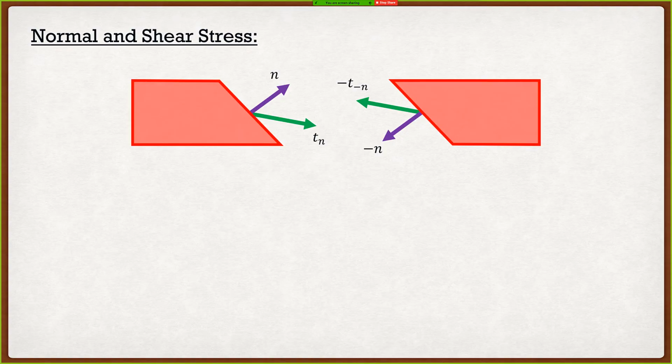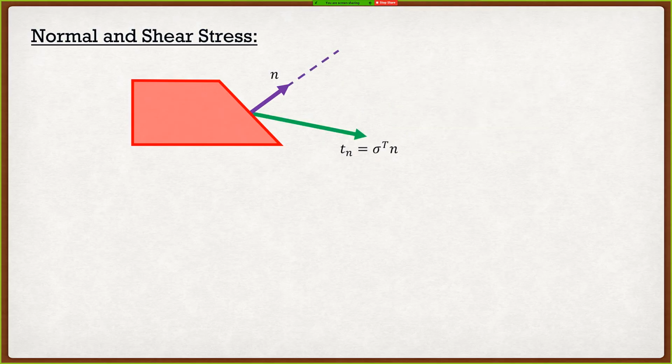Now again, the traction vector is just the internal stresses on a surface. So when I cut this, I release those internal forces. In this case, I have a stress vector Tn. All right, and then of course on the opposite side, I have the equal and opposite reactions. Now what we're going to do is use this traction vector to get some components that you guys are probably a little bit more familiar with.